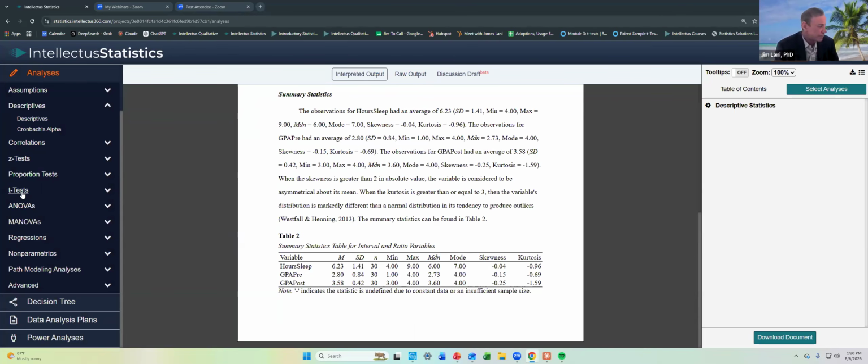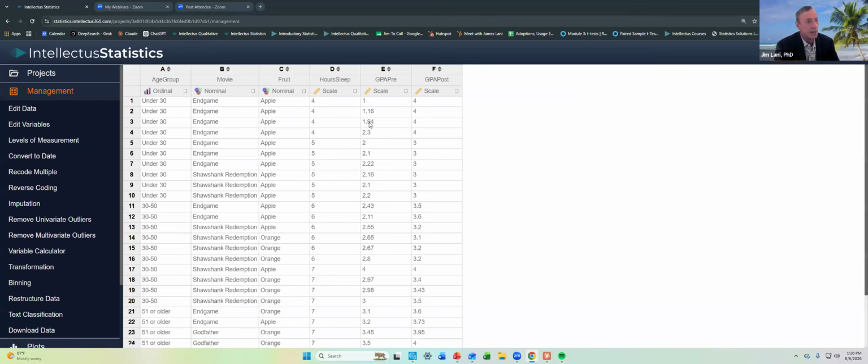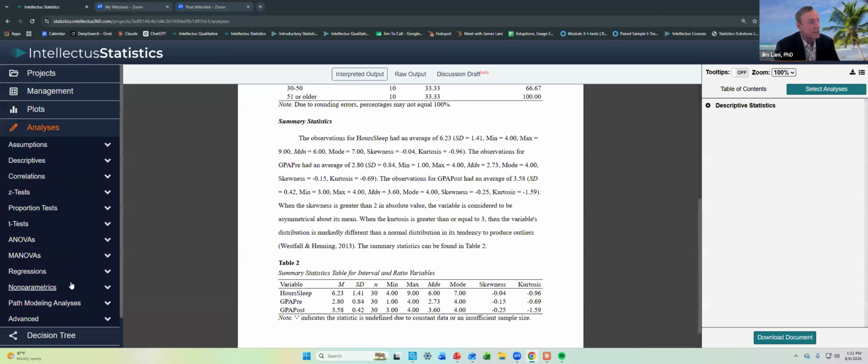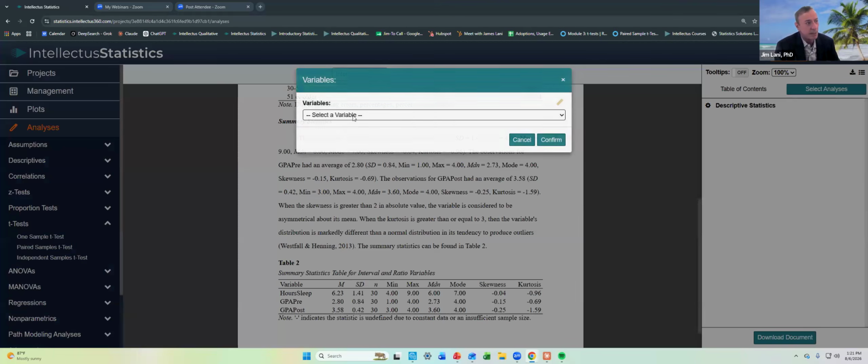Okay. If we want to run a t-test, let's imagine we want to now compare pre-test to post-test. Okay. We can go to the analysis, go to paired t-test, and put in I want to compare GPA pre to GPA post.